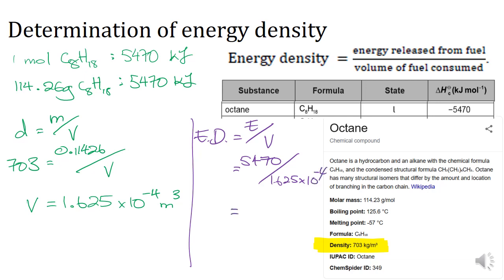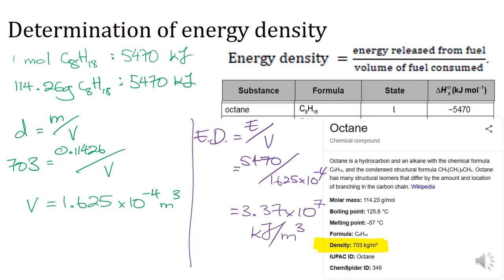In my calculator, I type 5470 divided by my previous answer, which gives me a very, very large number. My calculation is saying that it is 3.37 times 10 to the 7 kilojoules per m3.